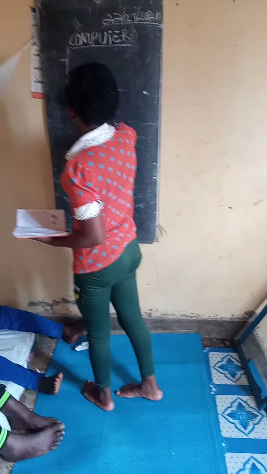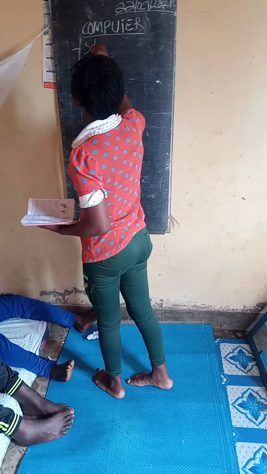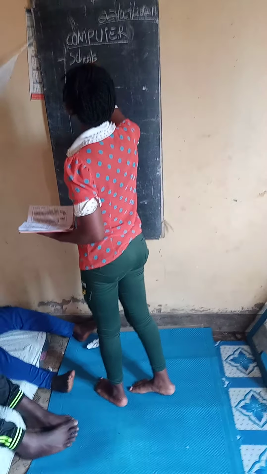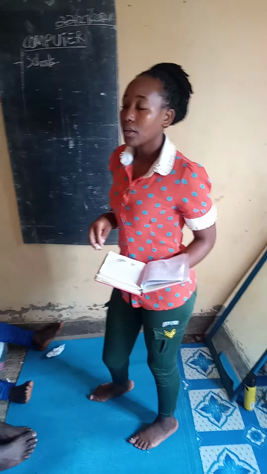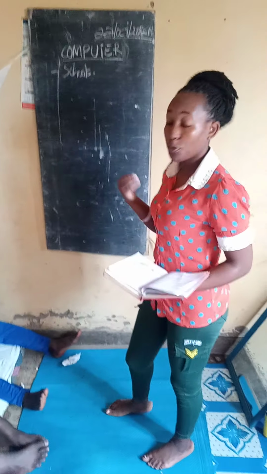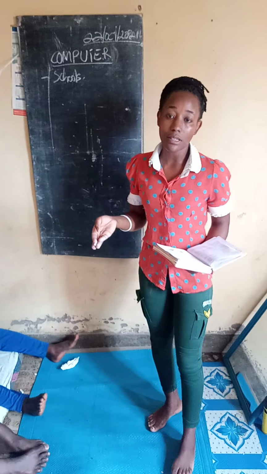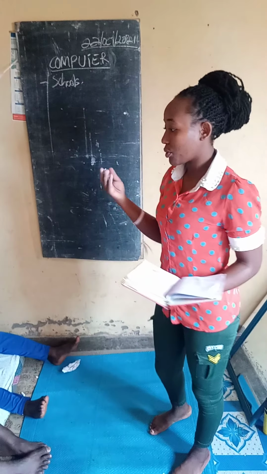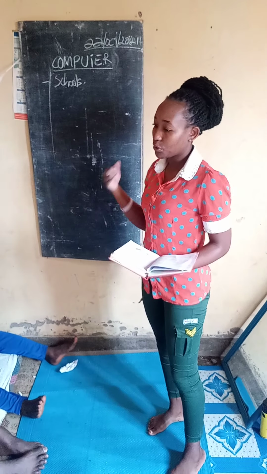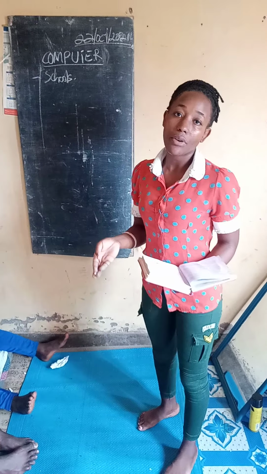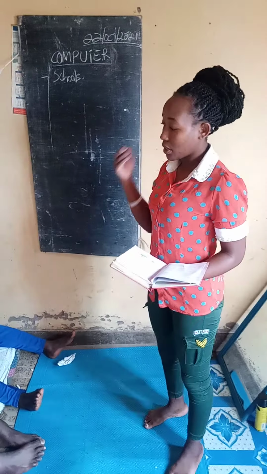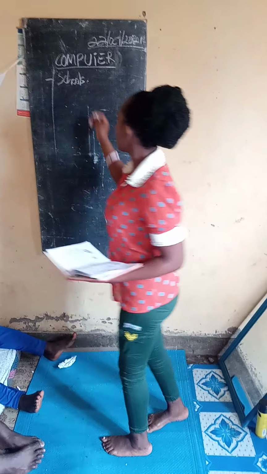Among those places we have schools. In schools they use computers, like in the bursar's offices, to store your data, your school fees. Also secretaries, when making exams, they also use computers.